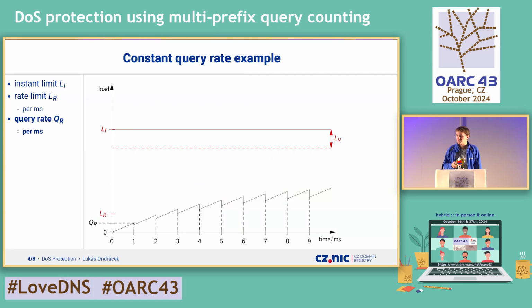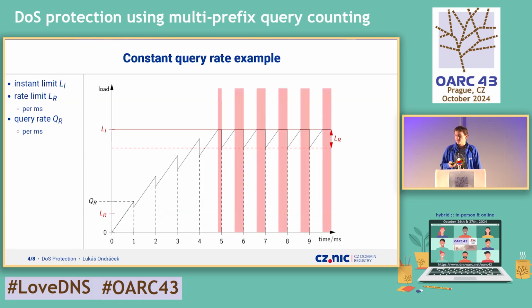Now let's see how it looks when someone sends us queries regularly with some constant query rate. When the query rate is under the rate limit, the value of the counter may rise a little, but it will converge to some value which is under the red line. So it's not restricted.